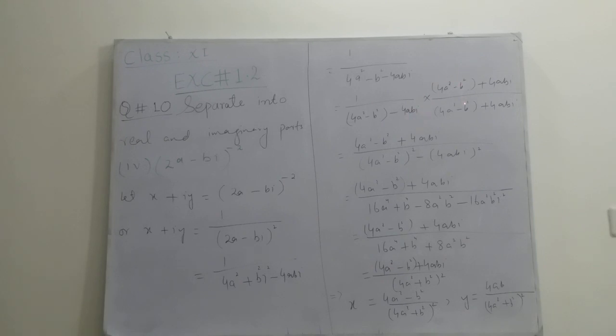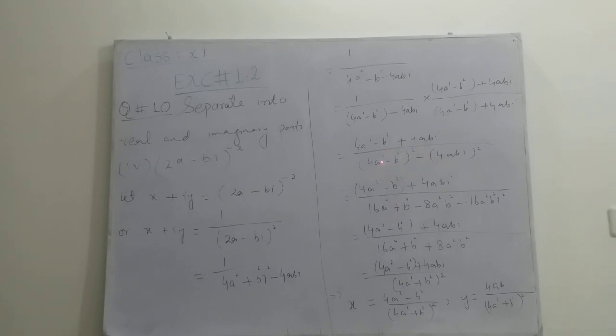Now multiplying and dividing by the conjugate of this complex number, whose conjugate is 4a square minus b square plus 4ab iota. Here we have in numerator 4a square minus b square plus 4ab iota, and for the denominator we will use the formula (a minus b)(a plus b), which is equal to a square minus b square.